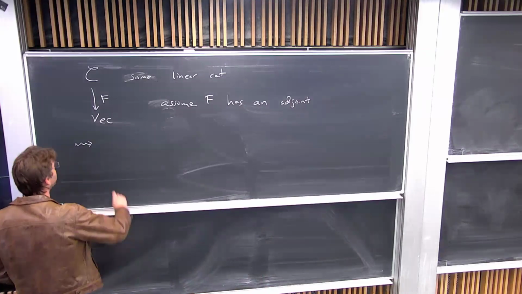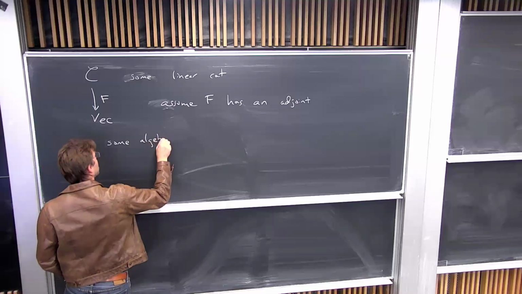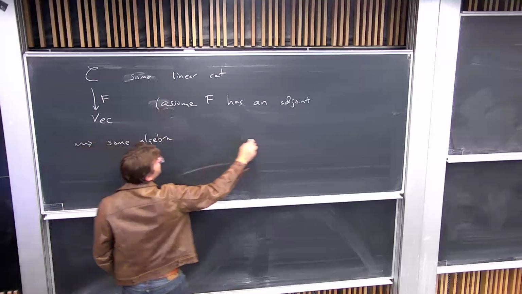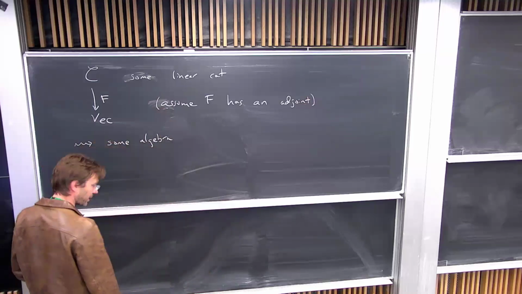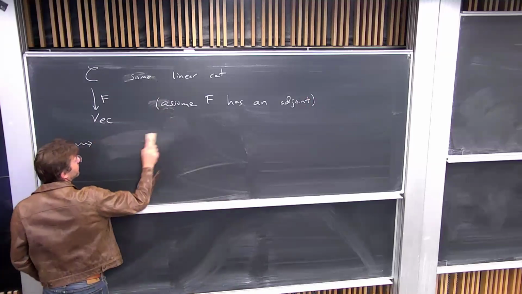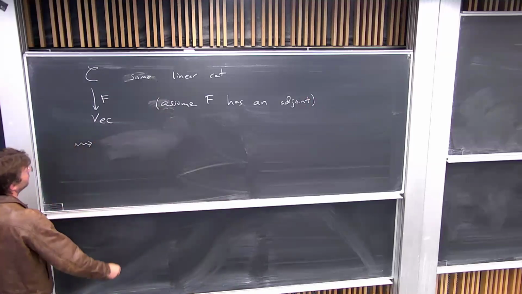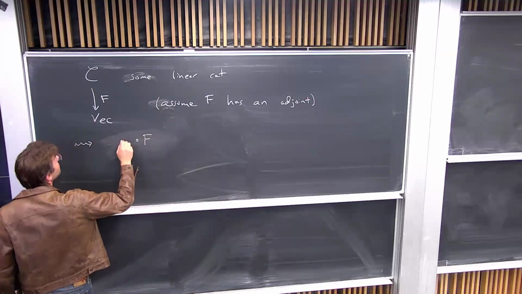some algebra. I'm going to mix two things, I can tell that already. So what you can do is you can look at the composition of F with its adjoint.